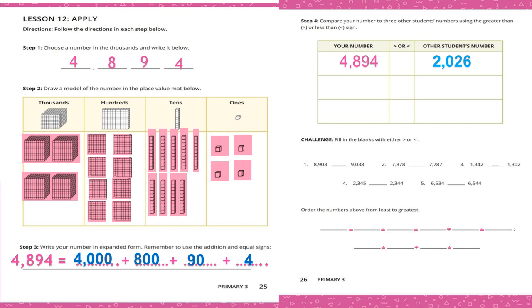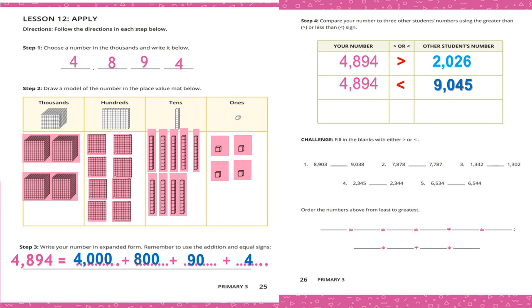Then 4,894 is greater than 2,026. Your number, student number, we have here 4 in thousand, but here we have 9 in thousand. Then which is the greatest, 4 or 9? Yes, 9. Then 4,894 is less than 9,045.